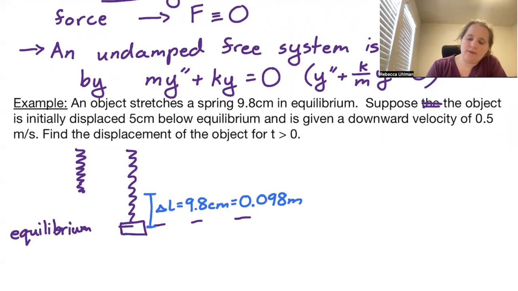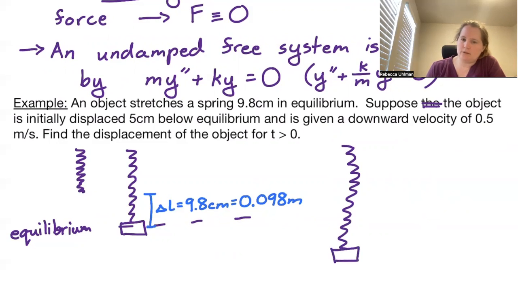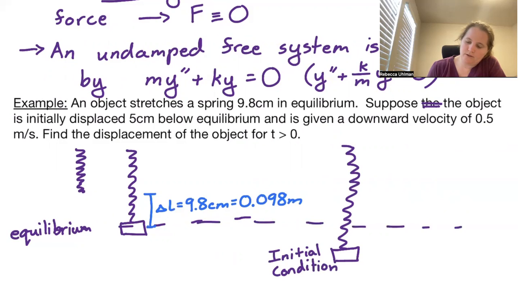And then our initial condition, we're taking that spring, stretching it another 5 centimeters from there. So this is our initial condition. We're taking it another 5 centimeters beyond equilibrium because we're pulling it downward. In these diagrams, we are assuming the upward direction is positive.